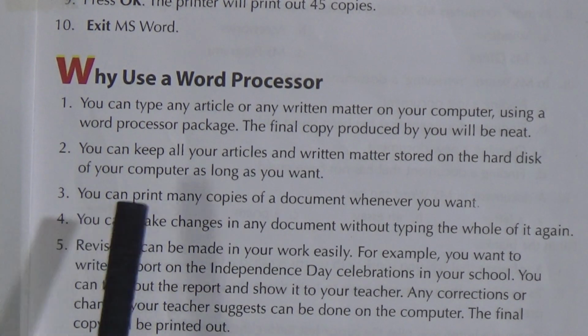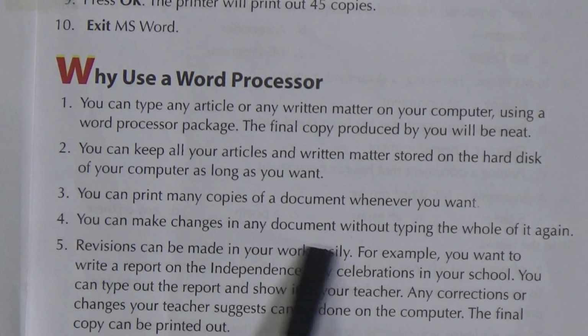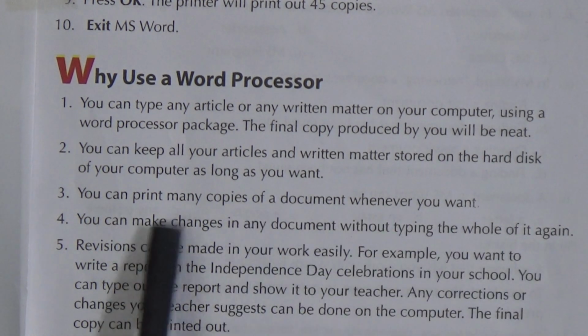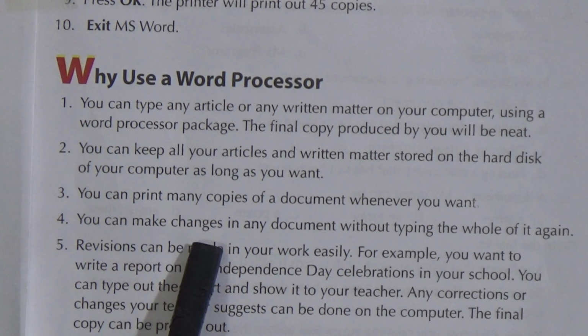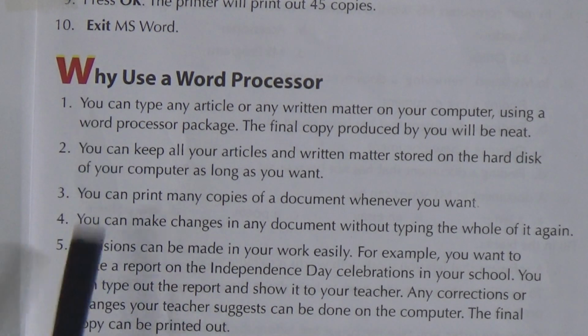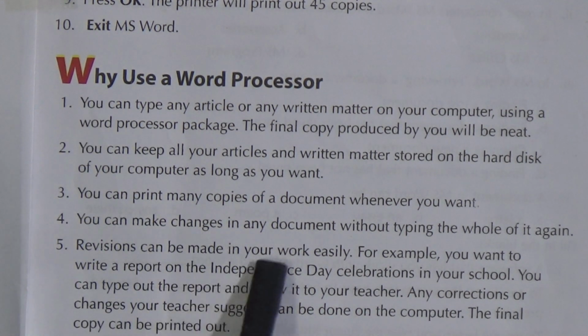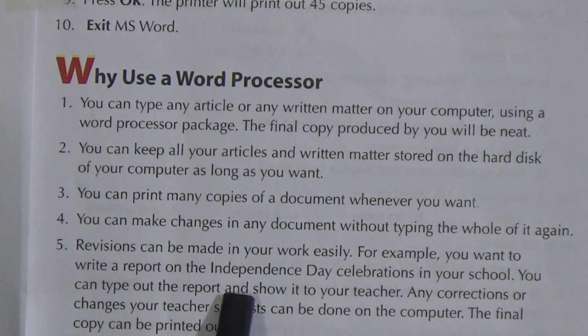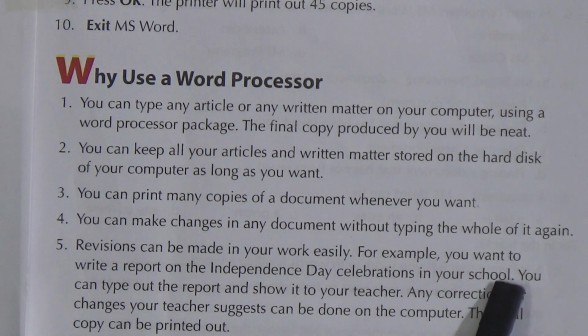Number 4, you can make changes in any document without typing the whole of it again. If you want to make a change in a document, you don't need to type all of it again. You can just make the necessary change. Number 5, revisions can be made in your work easily. For example, you want to write a report on the Independence Day celebrations in your school.